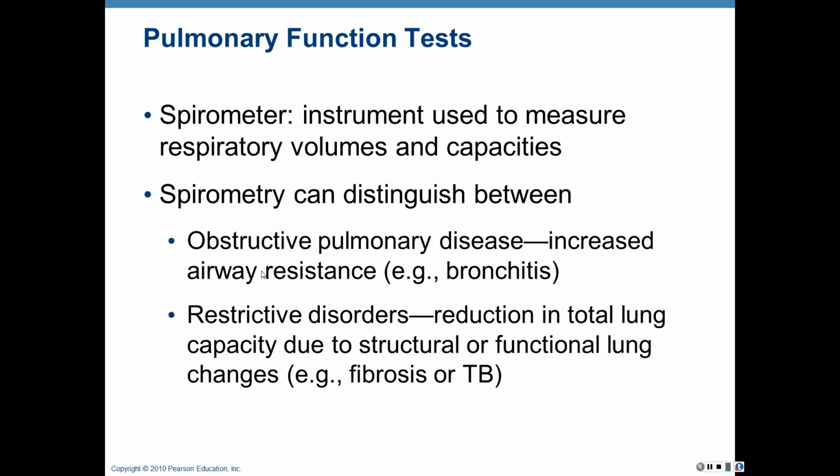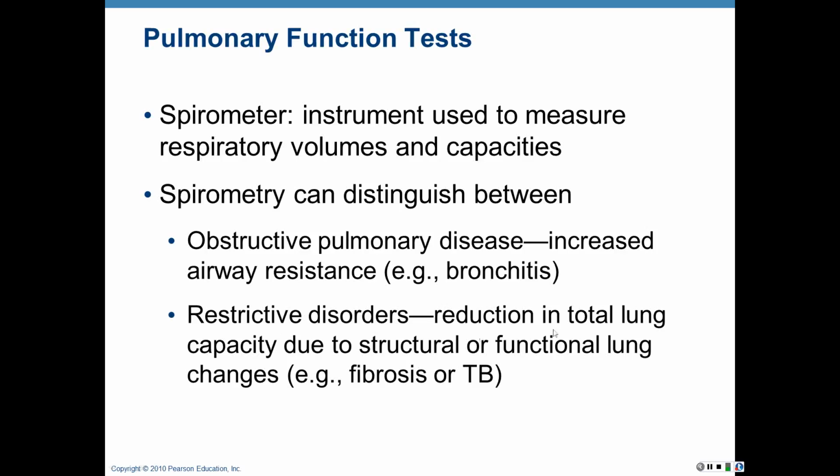These techniques can help you distinguish between pulmonary diseases of the lungs that are obstructive, like if you have bronchitis, inflammation in the bronchi, that's either making them constrict, or you've got fluid, mucus down there because you have an infection, or restrictive type disorders.